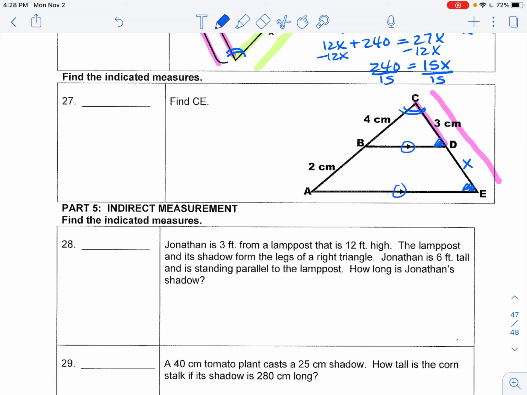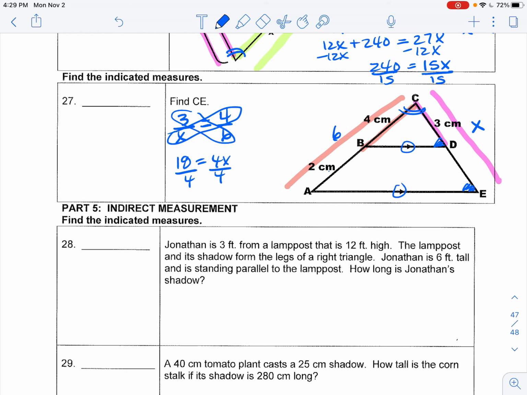We could call this 3 plus x, or we could call the whole thing x. I'm going to go ahead and call it the whole thing. 3 over x, and I'm going to set that equal to 4 over the whole thing. The whole thing on the left side is 6 because 4 plus 2 is 6. So 4 over 6. So I get 18 is equal to 4x. If I divide both sides by 4, x is equal to 9 over 2 or 4.5.